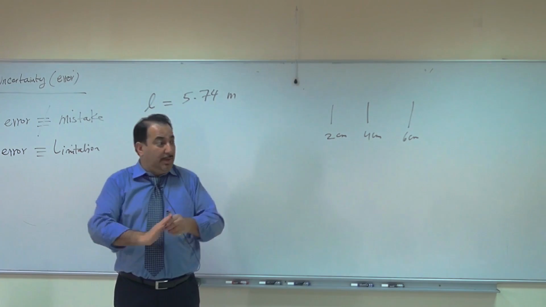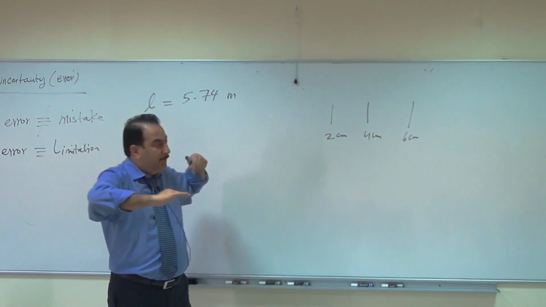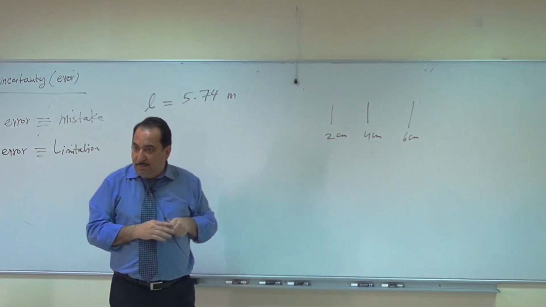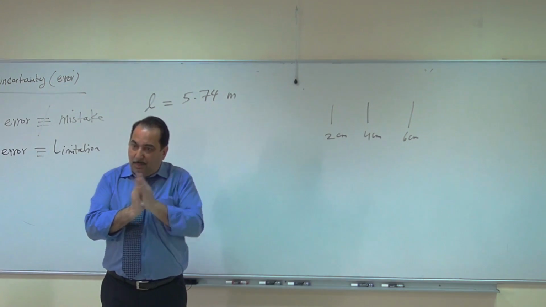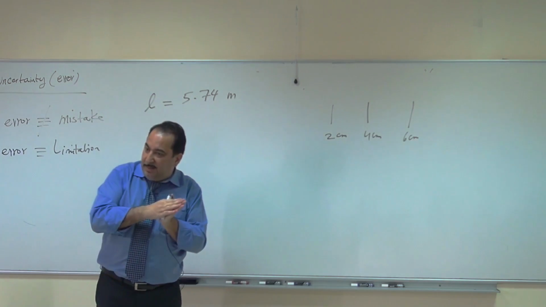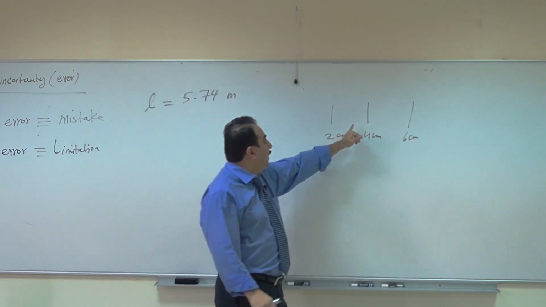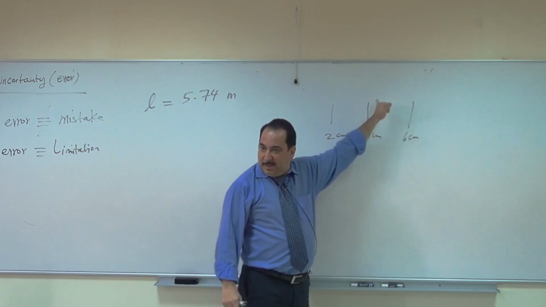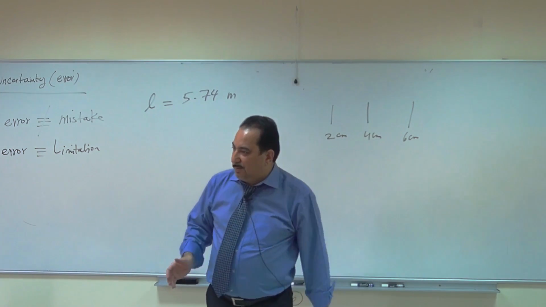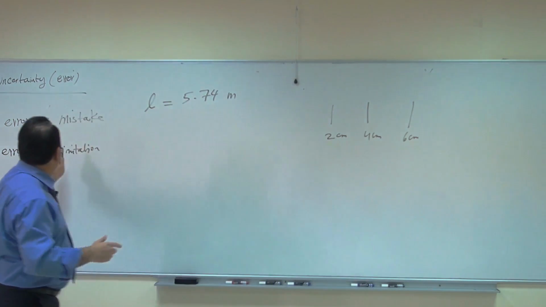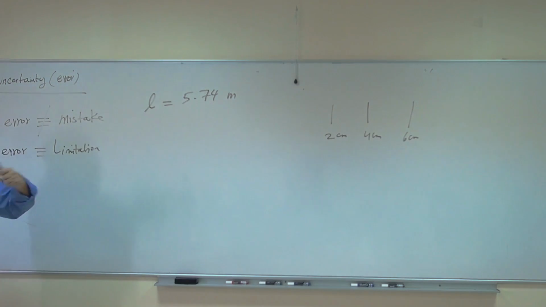But do you really think it was exact on 74? Or maybe it's a little bit more, a little bit less. So a little bit more or less, you will fall in the empty space. That's what we call errors coming from the limitation of what you measure.